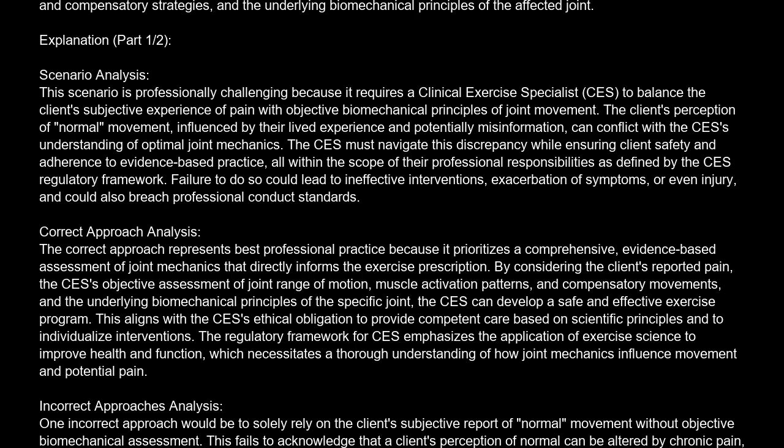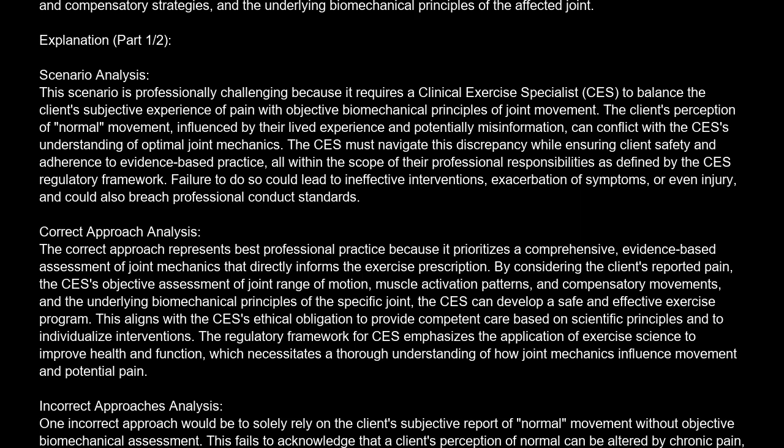This aligns with the CES's ethical obligation to provide competent care based on scientific principles and to individualize interventions. The regulatory framework for CES emphasizes the application of exercise science to improve health and function, which necessitates a thorough understanding of how joint mechanics influence movement and potential pain.